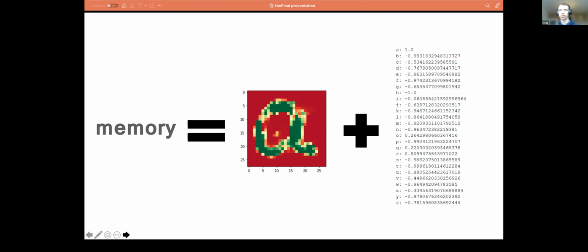So for example, if the input is similar to this memory, for the A, it will add a little bit of probability of being classified as that, because the A has a score of 1. And for the H, it will go down in probability.